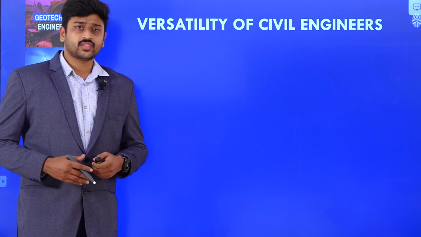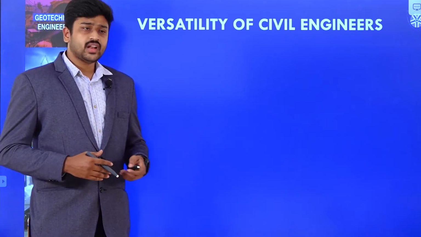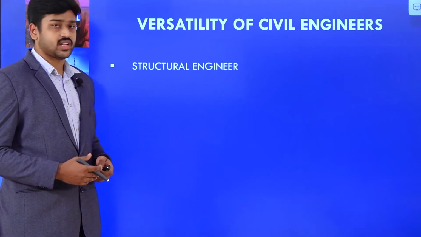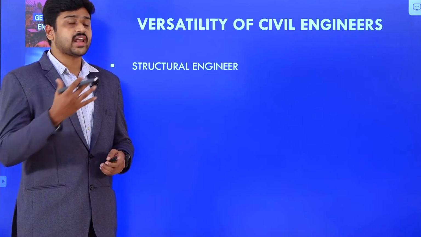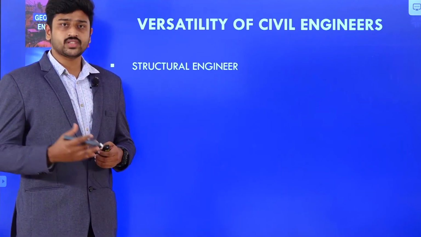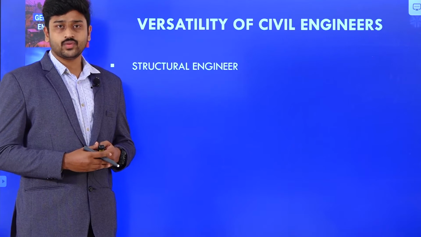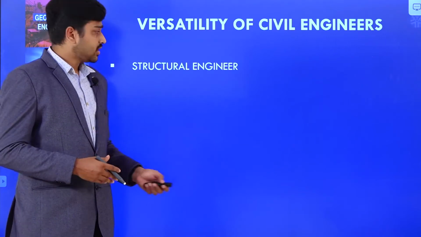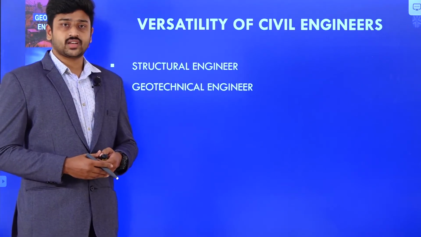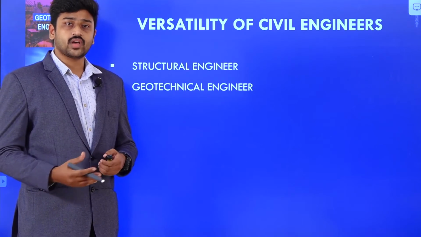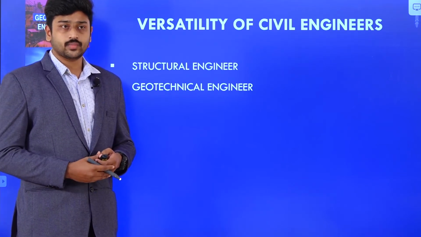In the different branches that we have, let us say I have structural engineering, where we structurally analyze beams, columns or any other structural aspects. The other one is geotechnical engineering, where we deal with soil as well as earth related problems.